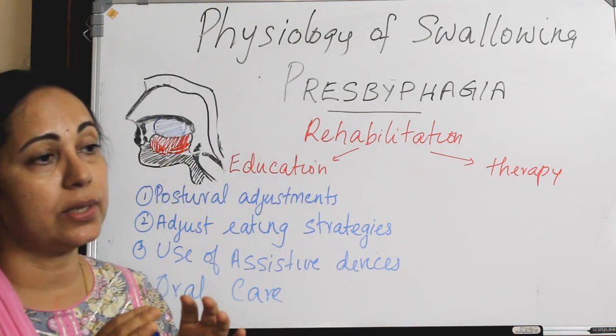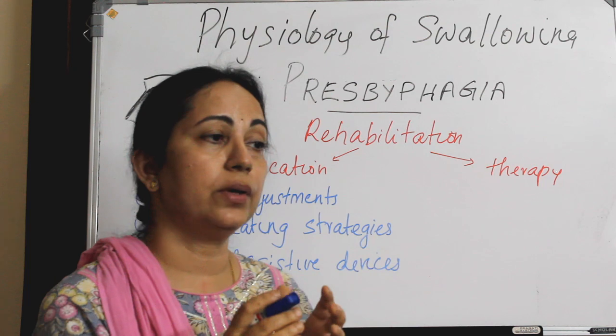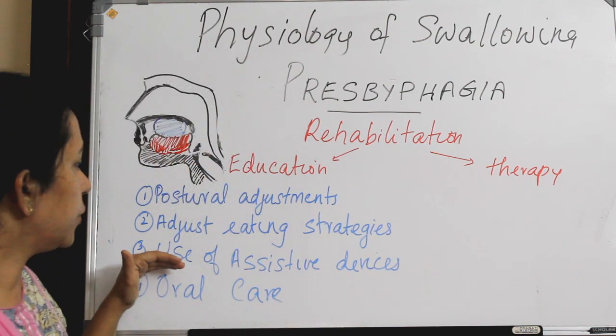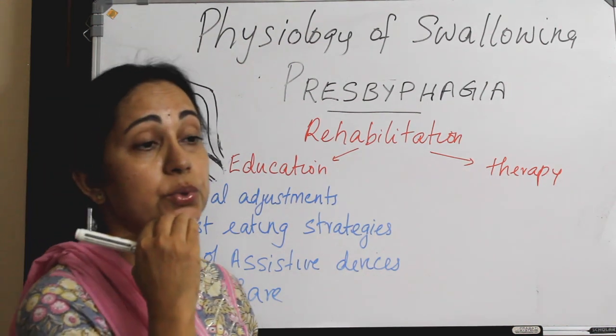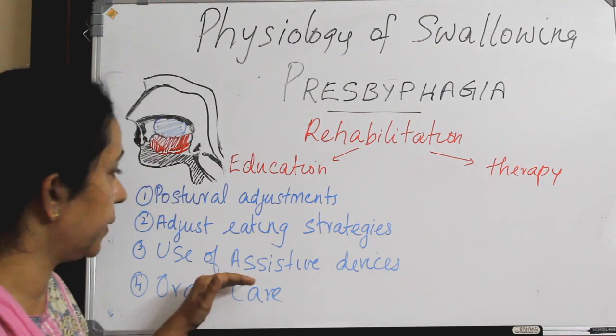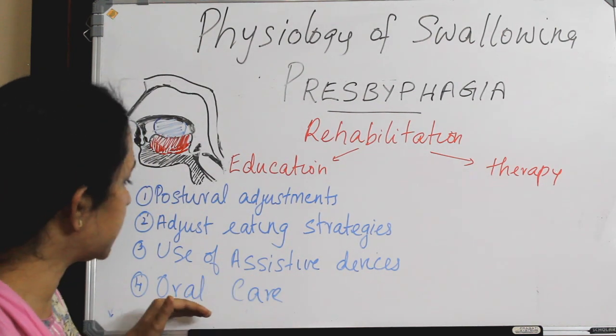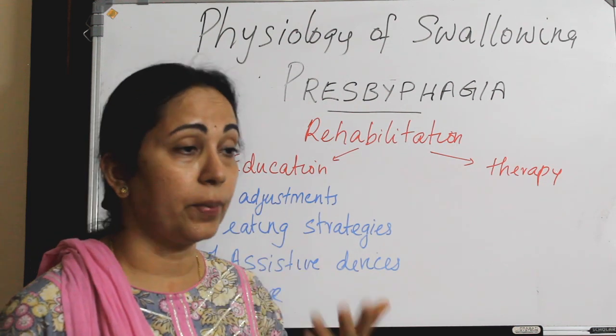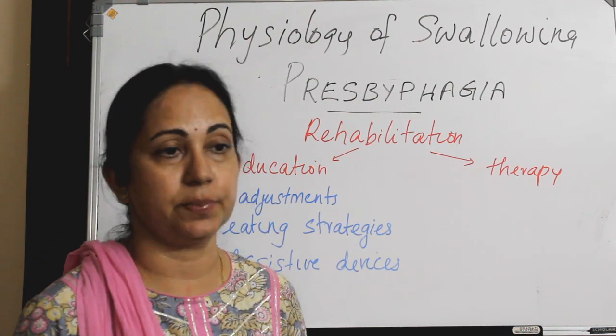A single consistency of food will make swallowing much easier. Assistive devices for placing, guiding and controlling food while swallowing can be used to prevent aspiration, and frequent oral care will reduce problems with the teeth and also aspiration.